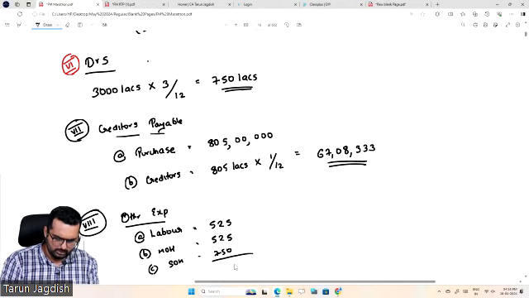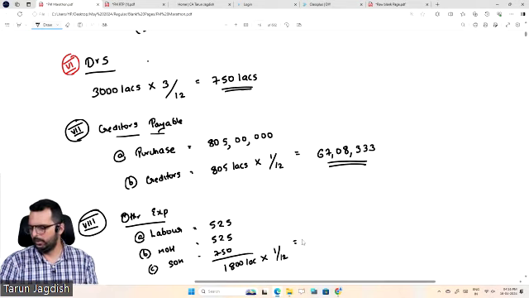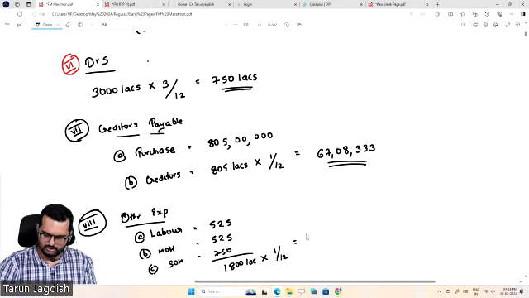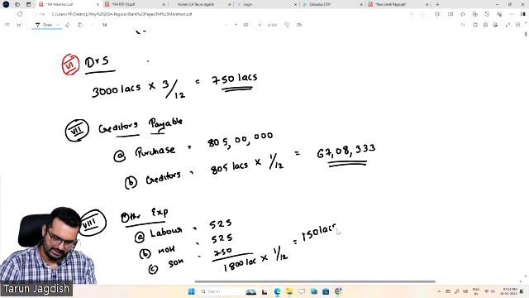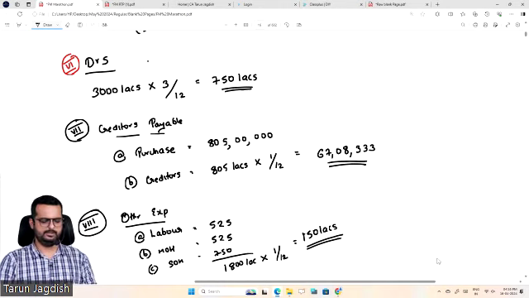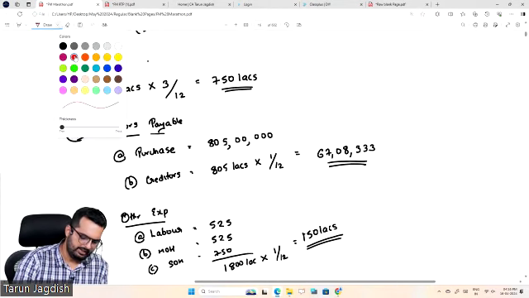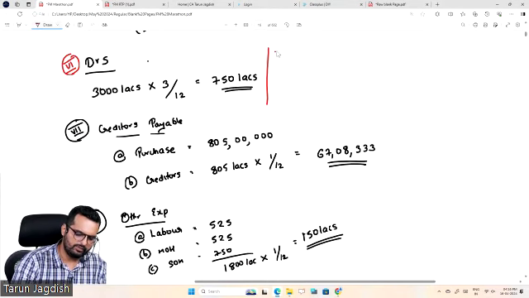So what is the total that you get over here now? 1,800 lakhs on this, 1 divided by 12. How much is 1 divided by 12 on this? Do you get the answer as 150 lakhs? Okay. Now, friends, as he has told, in the requirement they are asking on a cost basis.